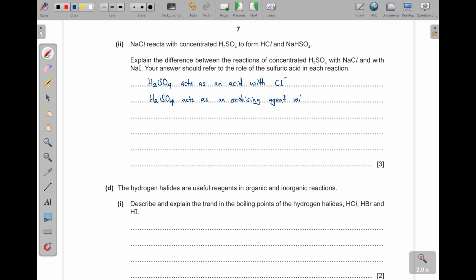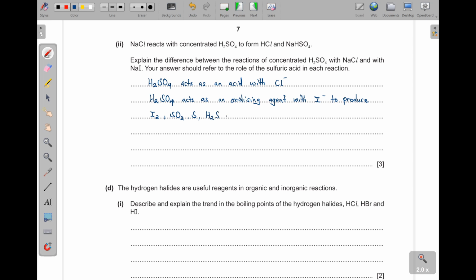With the iodide, to produce, for example, iodine. It can produce sulfur dioxide, it can produce sulfur, it can produce hydrogen sulfide.